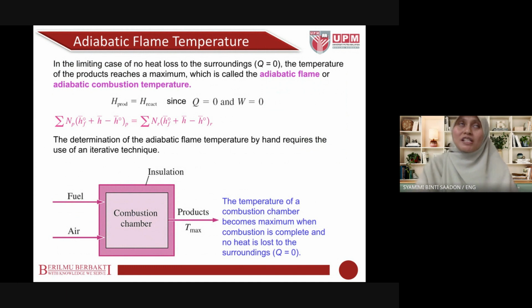This is the definition. The word adiabatic itself means that there is no heat exchange in or out of the system.